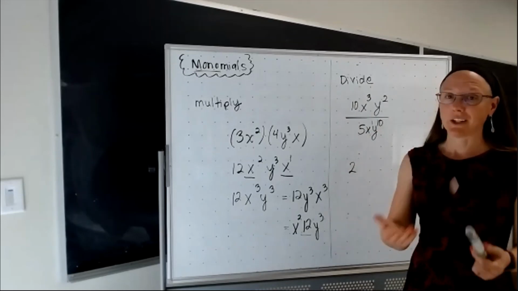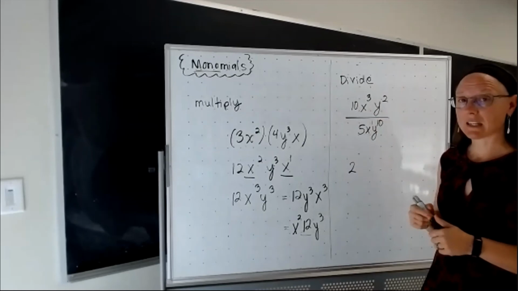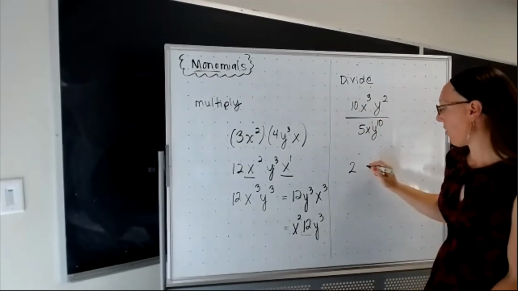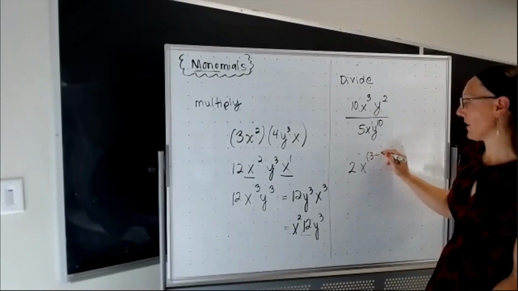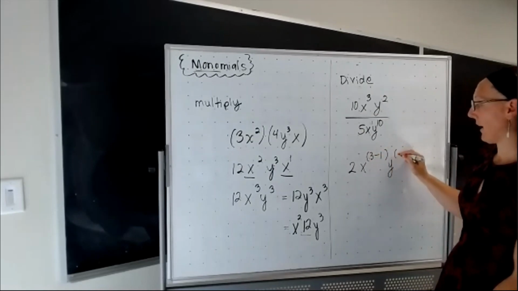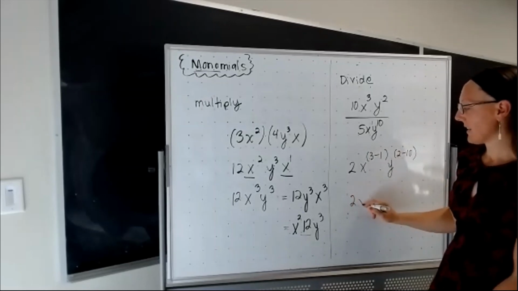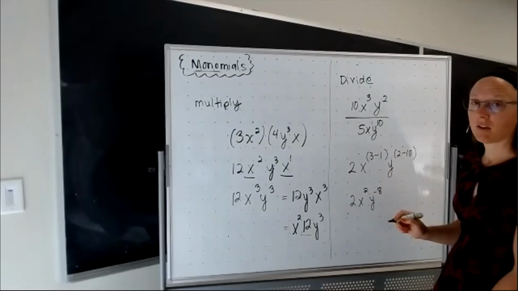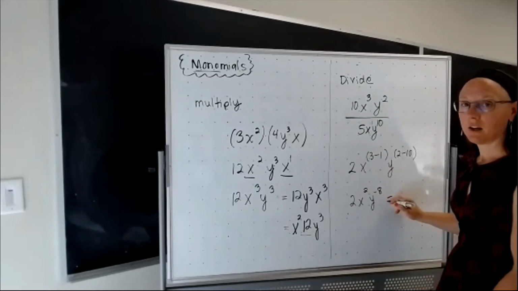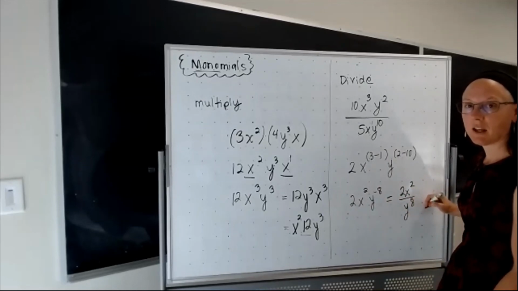Or we can just do the subtraction thing. Those x's have the same base. So using our exponent laws, that's going to become x to the 3 minus 1. And I'm going to have y to the 2 minus 10. So I could write this as 2x squared y to the negative 8th. Or I could write this as 2x squared over y to the 8th.